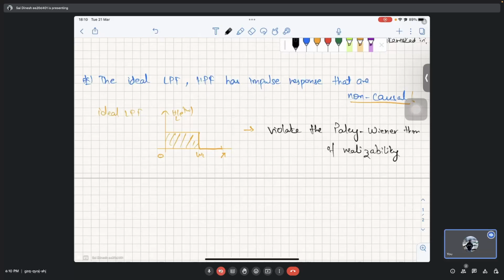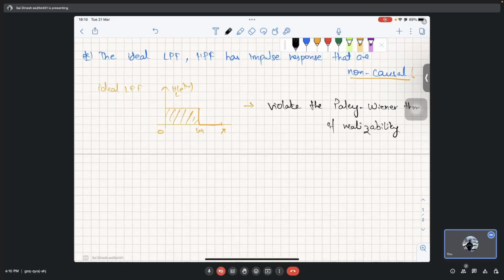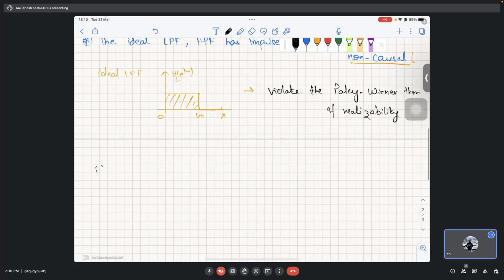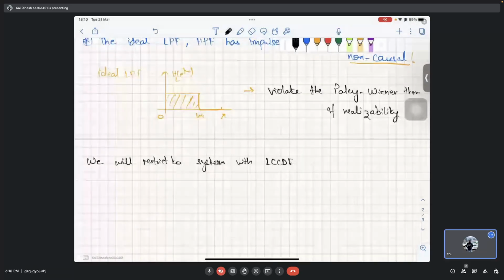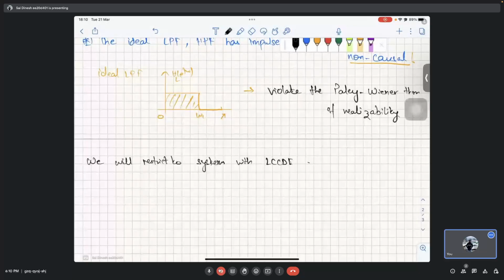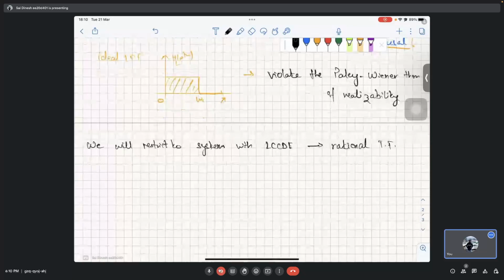Okay, so now we will restrict to the classes of systems whose input output relation is given by LCCDE, linear constant coefficient difference equations, and so these have a rational transfer function.